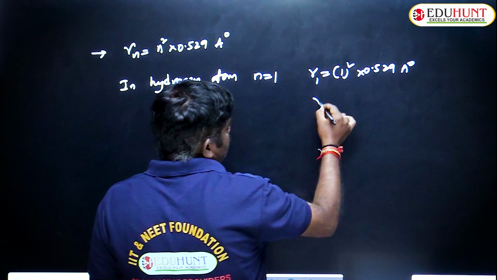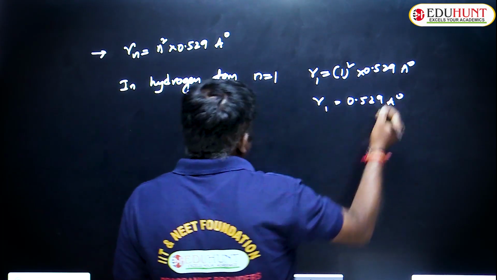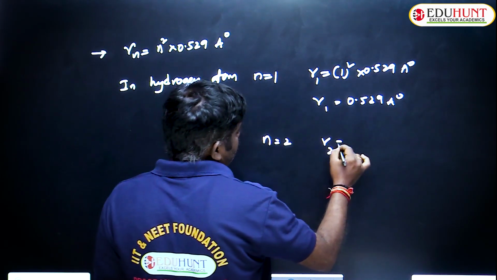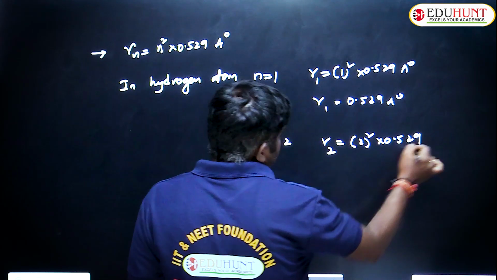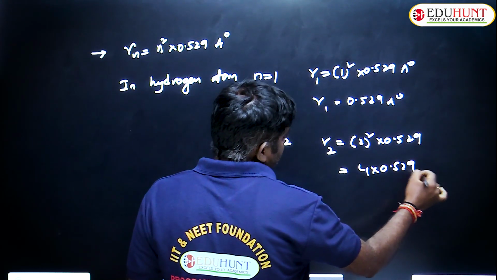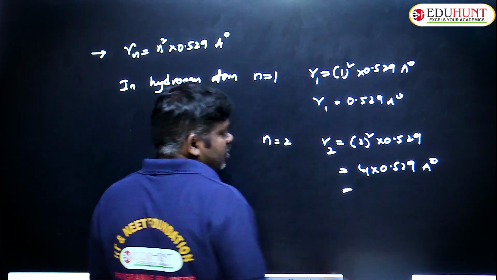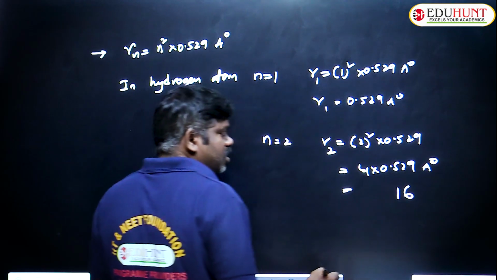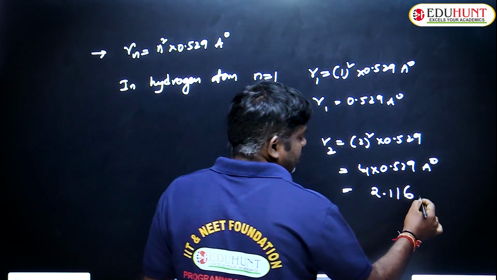For n is equal to 2, R2 is 2 square times 0.529, that is 4 times 0.529 angstroms.